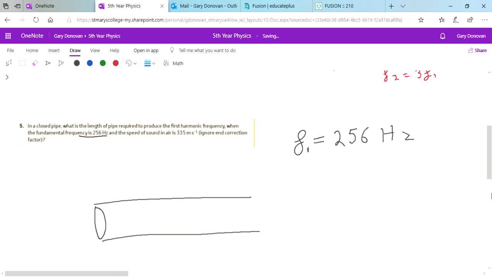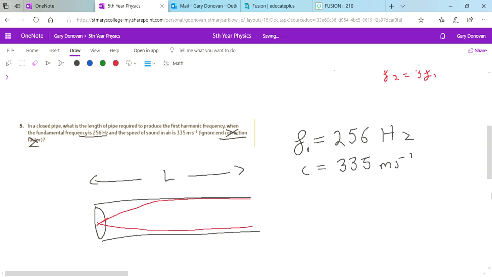The speed of sound, C or V if you want, is 335 meters per second. Ignore the end correction factor. We haven't talked about the end correction factor, so you can ignore that in all the questions. So basically they're saying, what length must this pipe be in order to produce this frequency, given that it's the fundamental frequency, so the pattern is going to be like this.